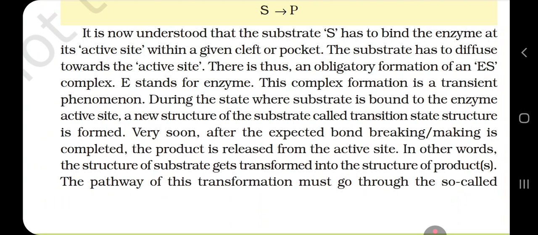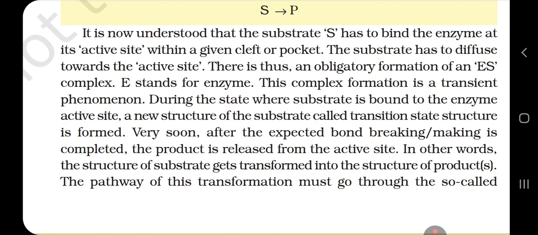It is now understood that the substrate S has to bind the enzyme at the active site within a given cleft or pocket. The substrate has to diffuse towards the active site. There is thus an obligatory formation of the ES complex. E stands for enzyme. This complex formation is a transient phenomenon. During the state where the substrate is bound to the enzyme active site, a new structure of the substrate called the transition state structure is formed.